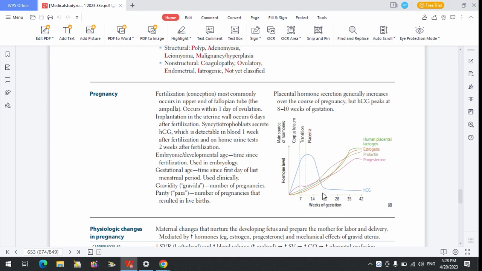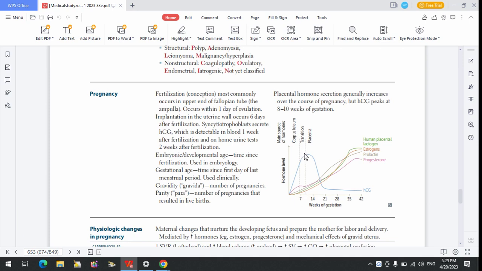Around the 11th to 12th week, the placenta is already functioning, so the placenta continues secretion of hCG, and then it eventually drops. So hCG allows differentiation of the corpus luteum to the corpus luteum of pregnancy, which then continues secreting progesterone.